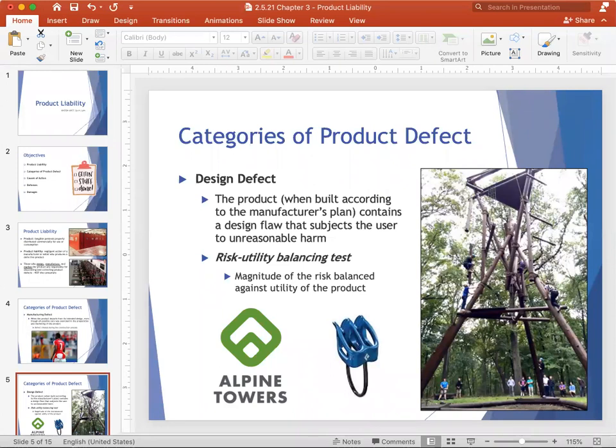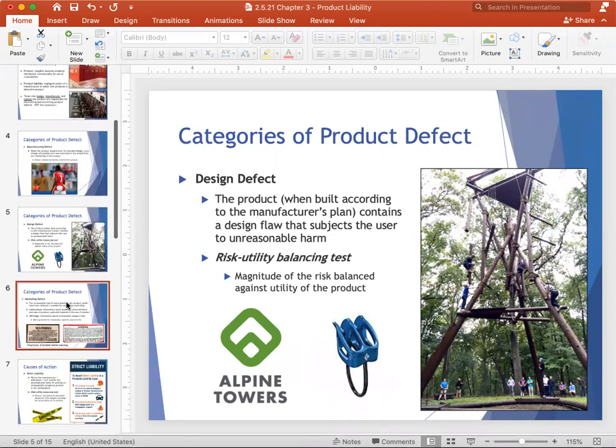It would not have created an undue burden on the designer of the Trango Jaws belay device. So essentially, if a designer could utilize an alternative design to create a safer product, then they would be held liable in this case. And in this case, they were.